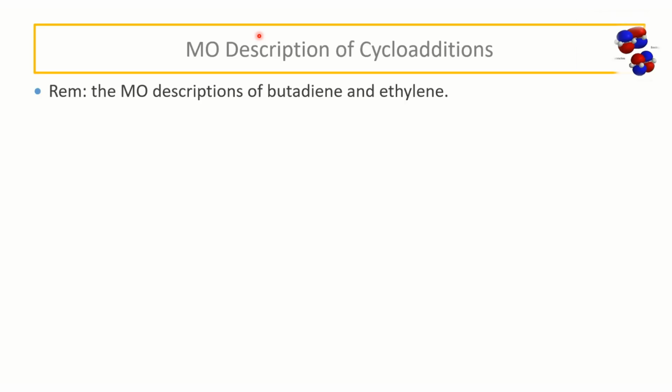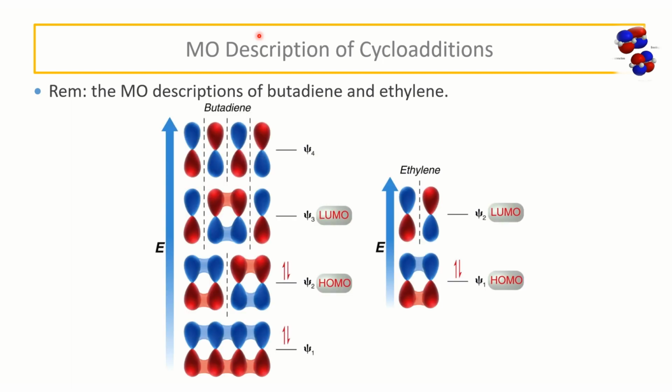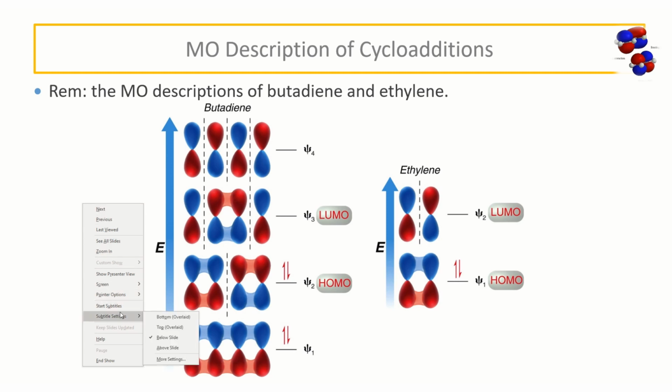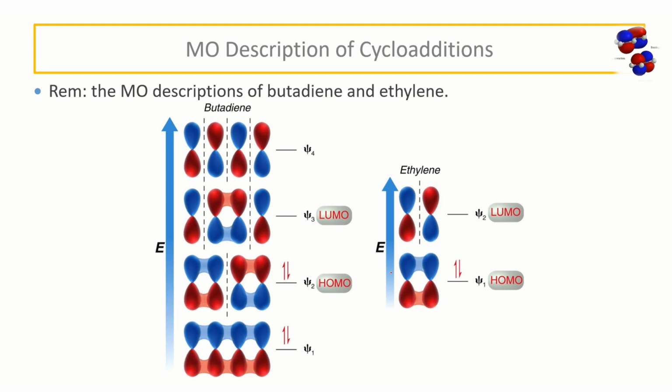So let's look quickly at the Diels-Alder. Remind yourself that the Diels-Alder is a 4 pi, 2 pi system. You can see we have 4 pi electrons here and 2 pi electrons here in the ethylene, i.e. the molecule representing your dienophile, or the molecular orbitals representing your dienophile.